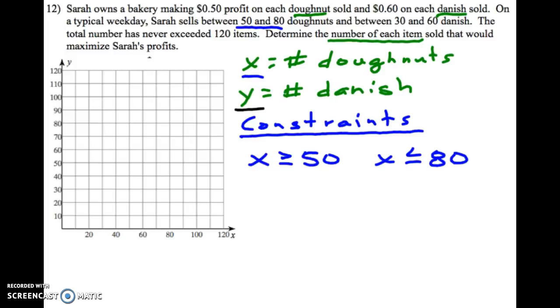As far as the Danish go, the Y's, we're going to be between 30 and 60. So we have to be bigger than 30, and we have to be smaller than or equal to 60.